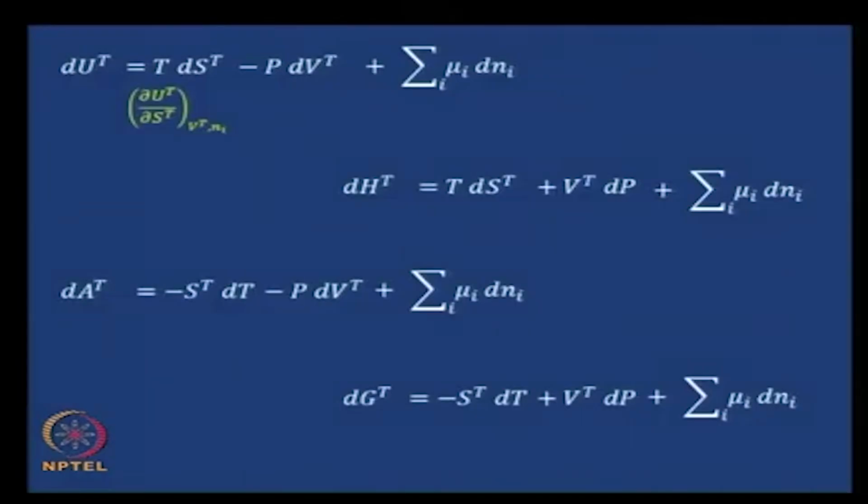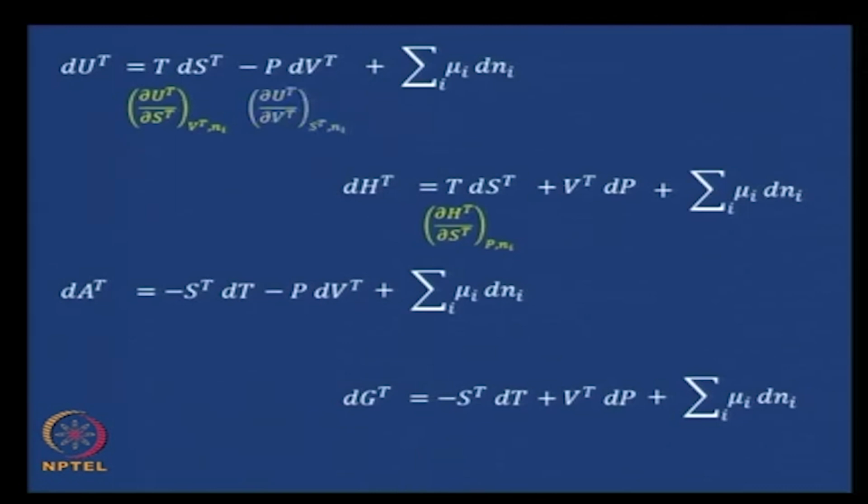This term, as you can recall, can be written as dou Ut by dou St at constant Vt, ni, and both these held constant, and this term can be written as dou Ht by dou St at constant P and ni.